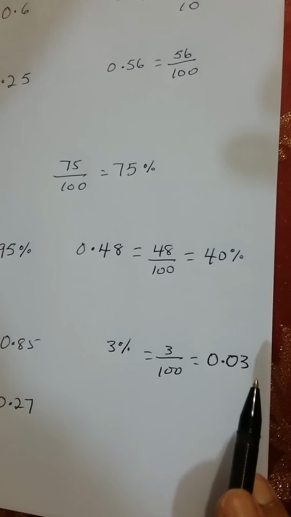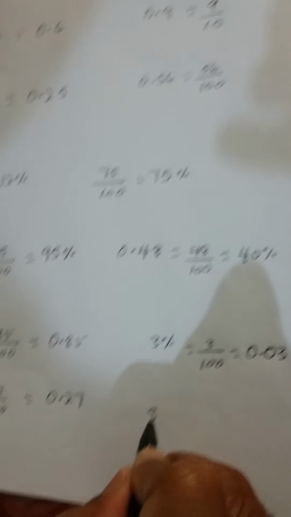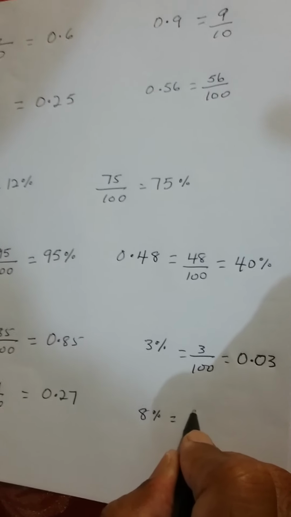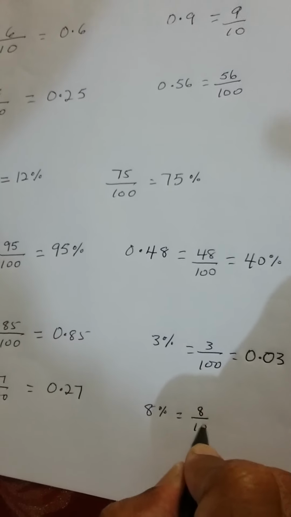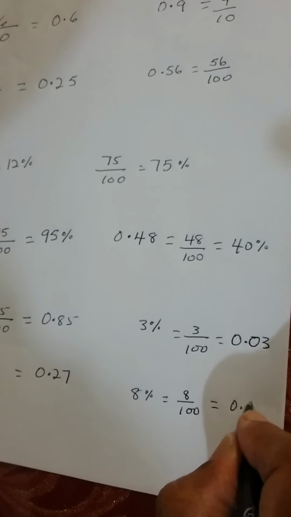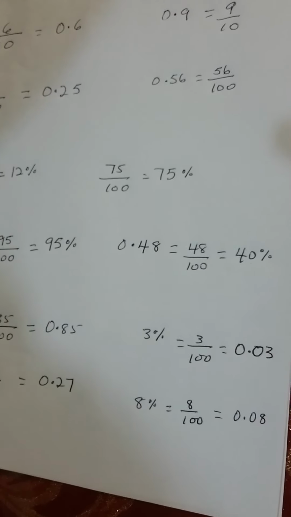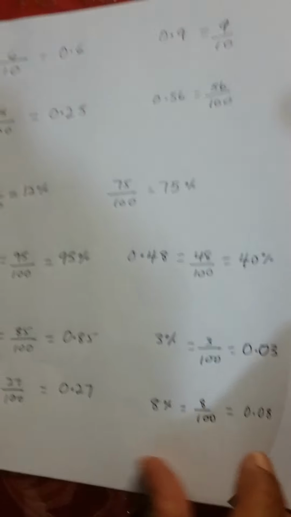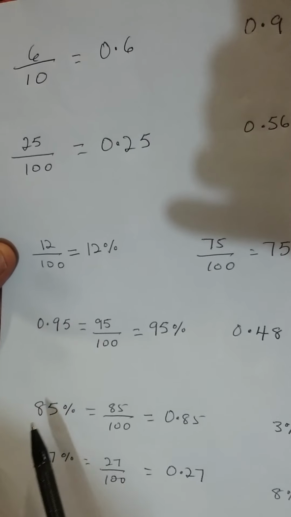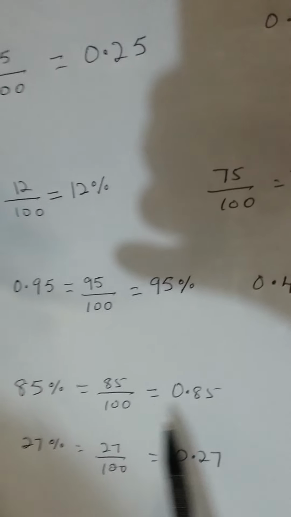Let's try another one like that. 8% would be 8 out of 100, which is 0.08. Very, very easy stuff: we can convert our decimal to a fraction, and then get a percent, or we can take a percent, write it as a fraction, and then write it as a decimal.